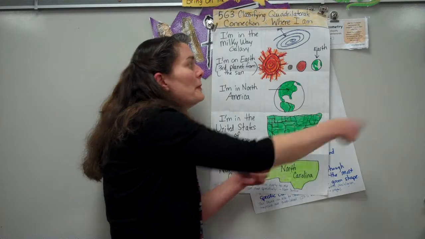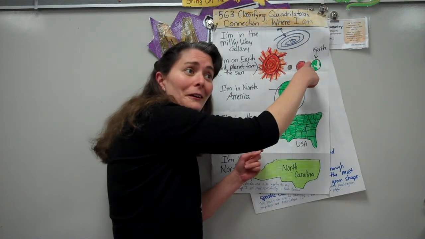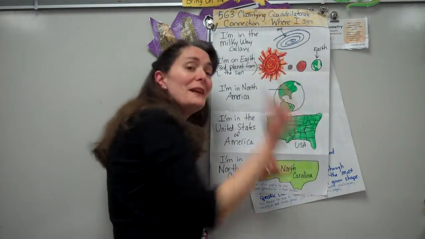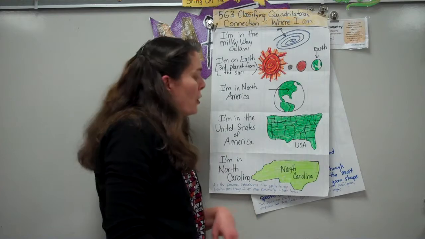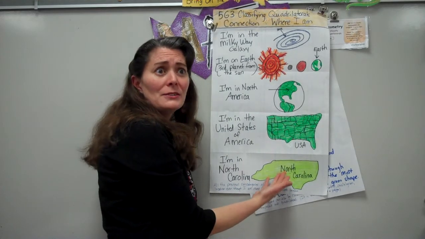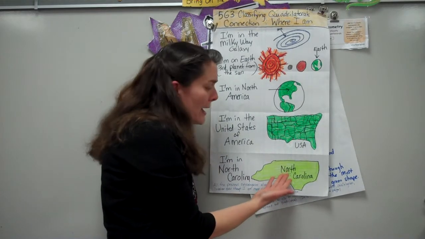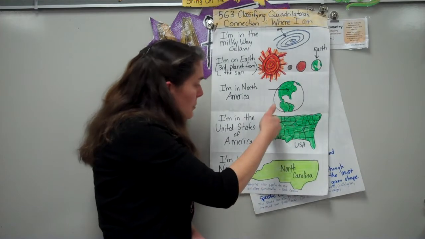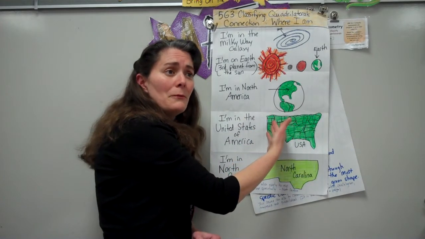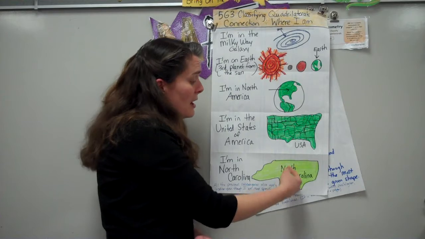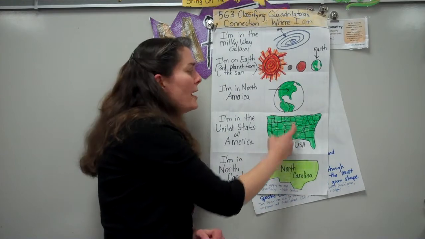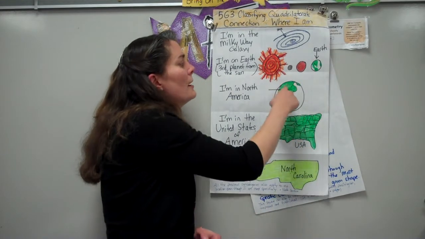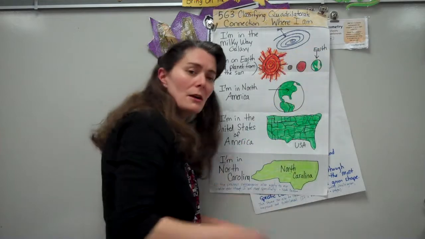And being I am in North America, I am also in Earth. And being I'm in Earth, I am also in the Milky Way galaxy. So this subcategory of being in North Carolina, I also can apply that same information to the previous category, because North Carolina belongs in the U.S., and the U.S. belongs in North America, and North America belongs on Earth.